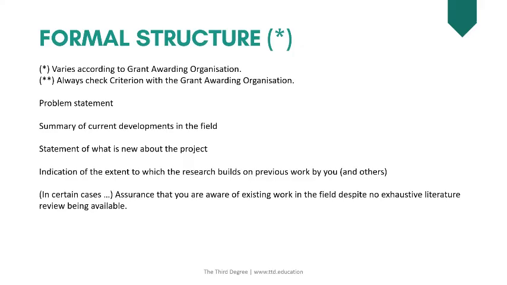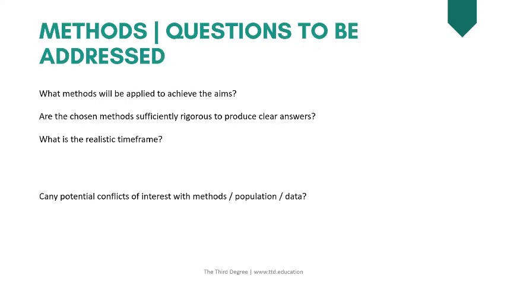So it's understanding what's happening, but also recognizing that not everything that's happening has been published. Now, I'm just going to go through a few of the sections on what needs to be put into that application so that you can demonstrate the quality of your work. Now, this is very similar to a research proposal in many ways. The same principles apply, but make sure this goes into your application.